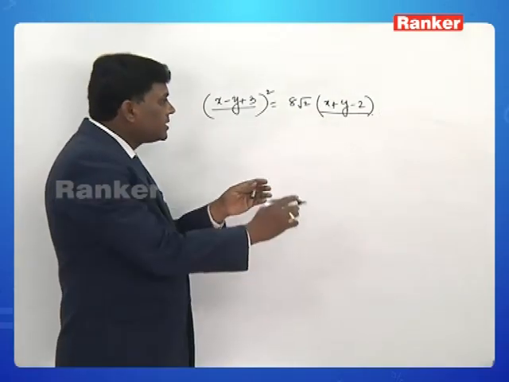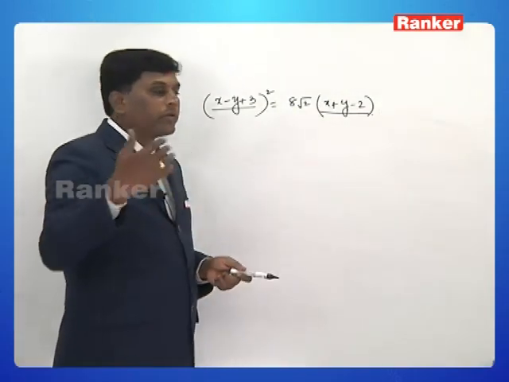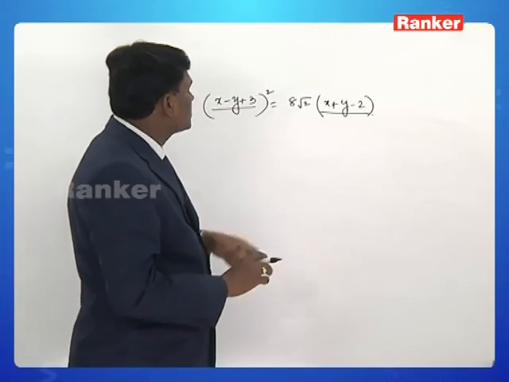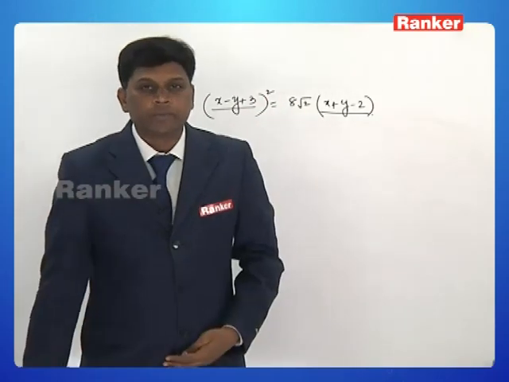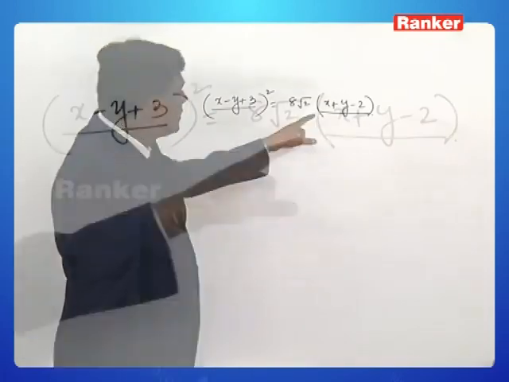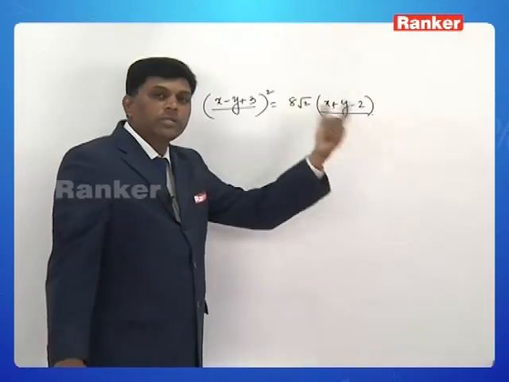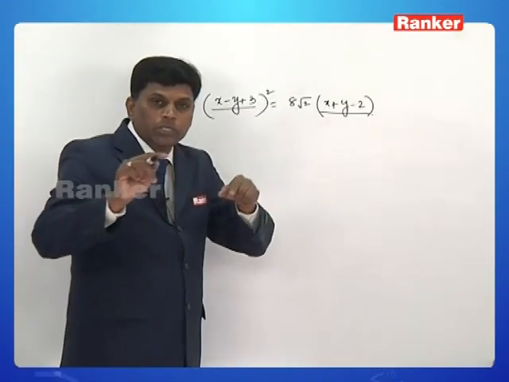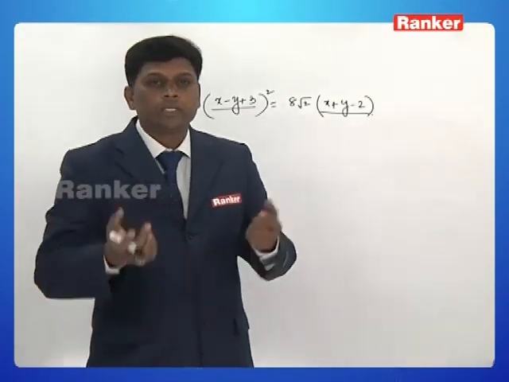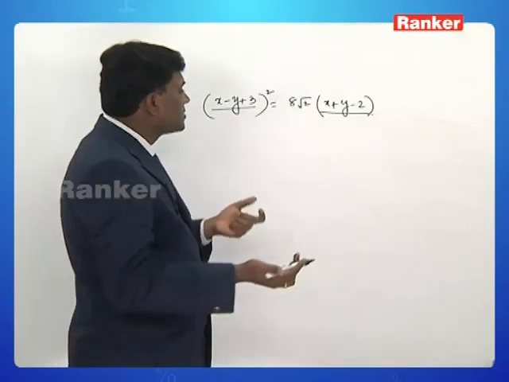But to write it into standard form, we still require one more modification, that is, the equation has to be converted into distance form. We know that perpendicular distance from a given point to a given line is (ax1 plus by1 plus c) by root of a square plus b square. That root of a square plus b square is missing here.